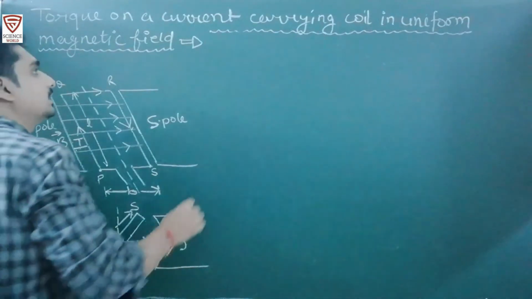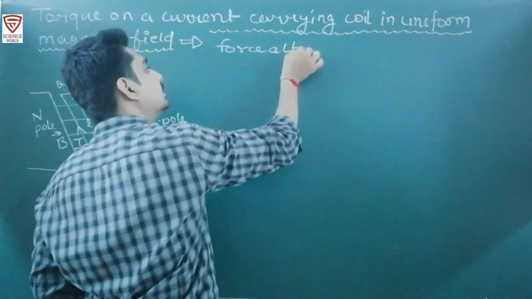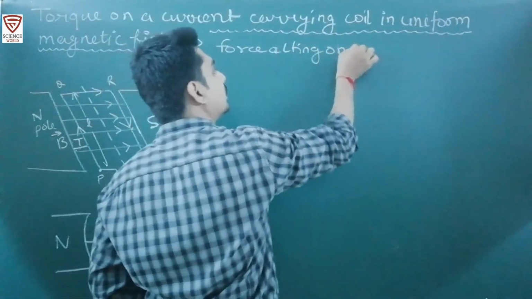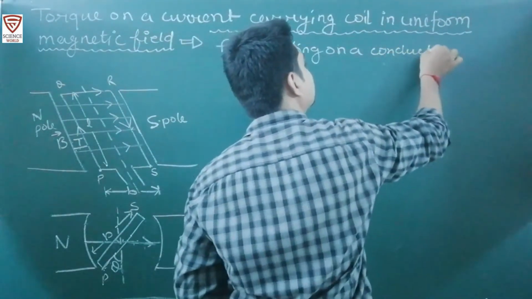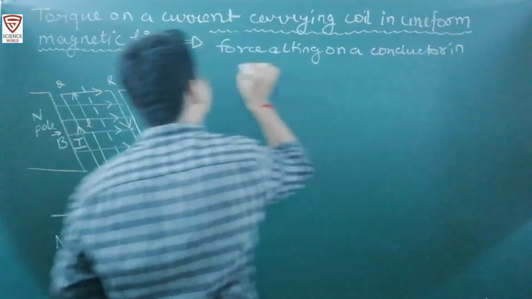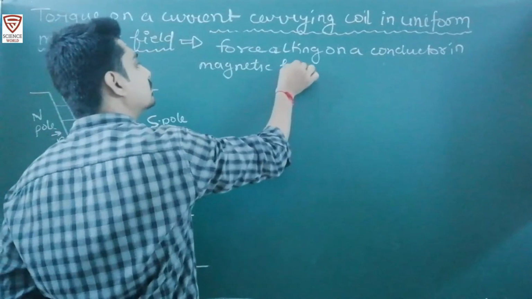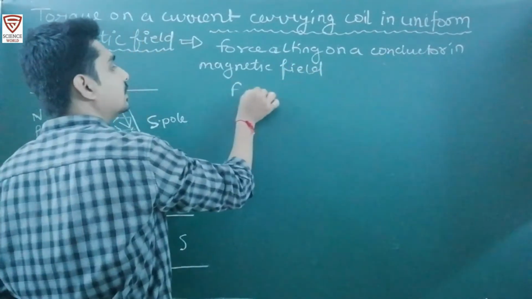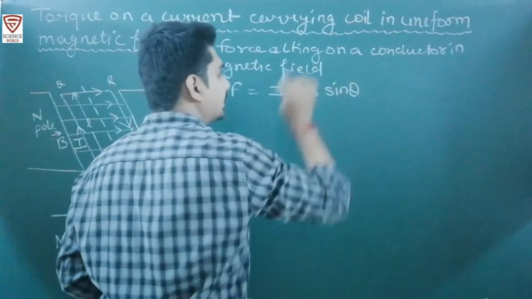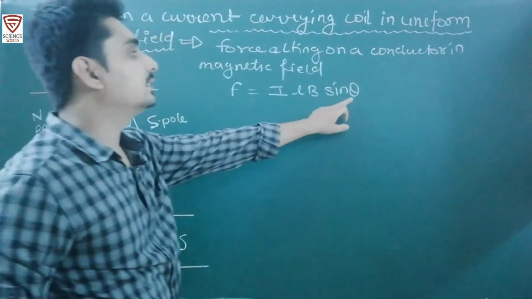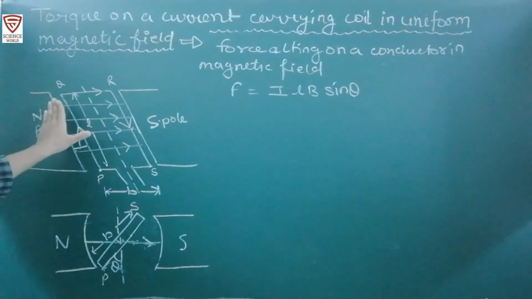So in previous lectures we have discussed that the force acting on a conductor in a magnetic field is F equals ILB sin theta, where theta is the angle between the magnetic field and the direction of current.